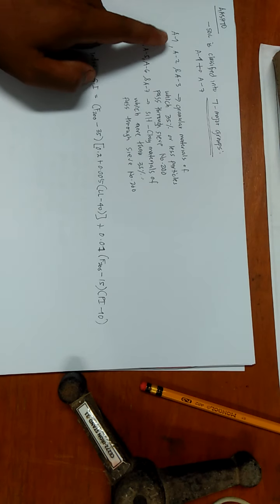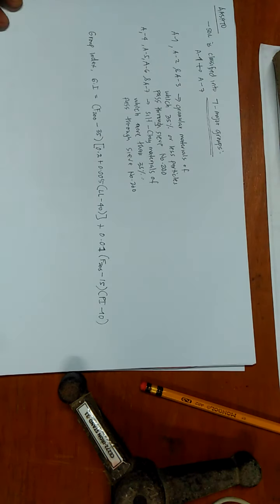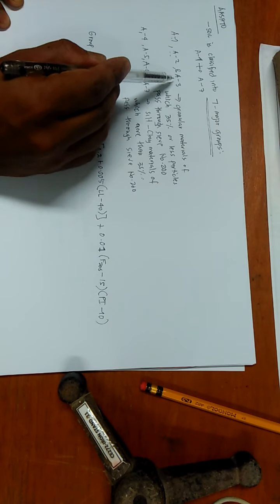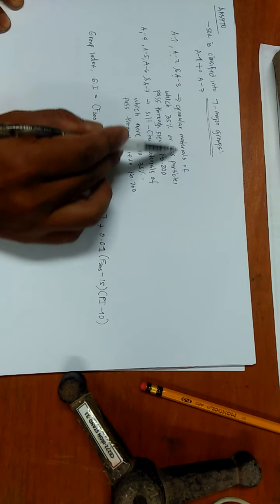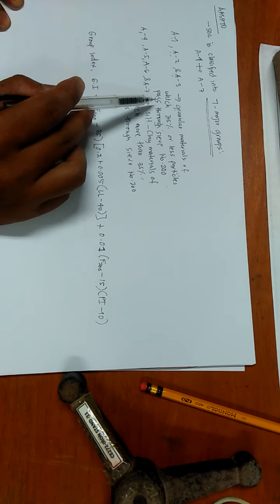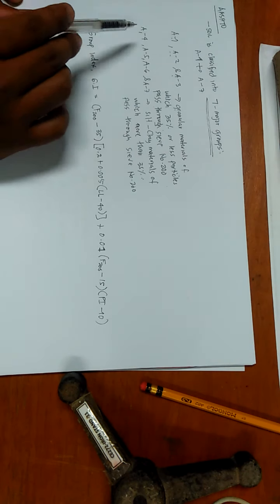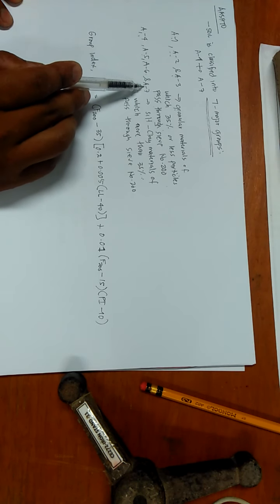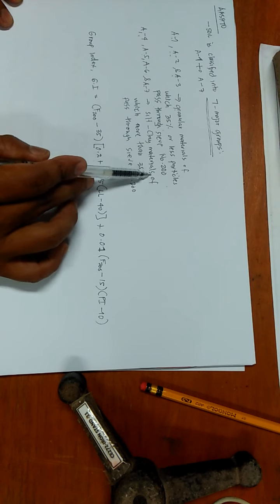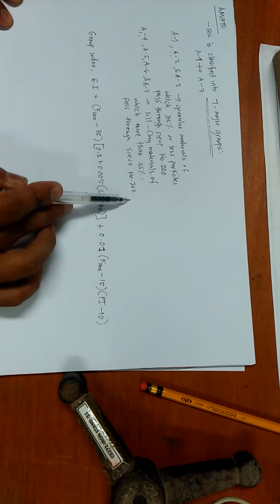And then your A-1, A-2, and A-3, these are the granular materials of which 35% or less particles pass through sieve number 200. And then your A-4, A-5, A-6, and A-7, these are the silt clay materials of which more than 35% pass through sieve number 200.